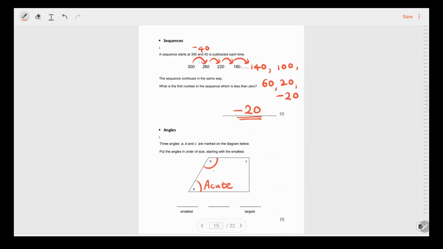B is an obtuse angle, which is greater than 90. And C is a right angle, which is 90 degrees. So the smallest is less than 90, the acute A, and then it's 90, the right angle C, and then the largest would be the obtuse angle B.